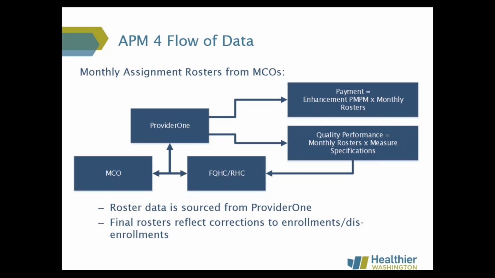And with those disenrollments, assume that you're saying that I have these 10 clients that I don't think were my clients, and they either need to get reassigned to me properly by a different plan or go to be assigned to a different provider. Those changes are reflected in the data that we run for the measures. So those rosters are up to date to the point at which we pull the data.